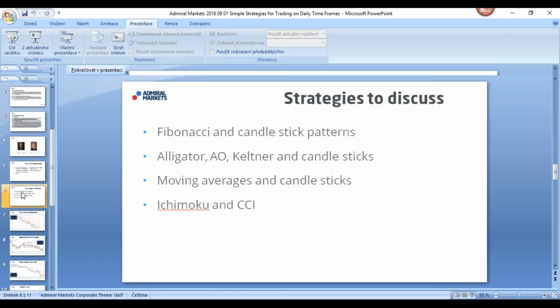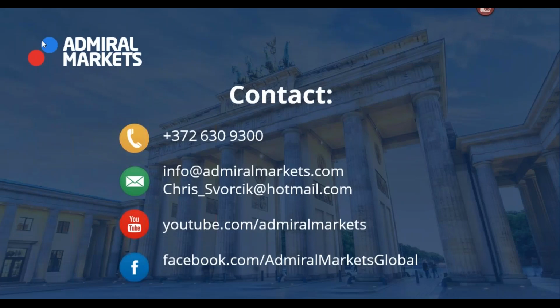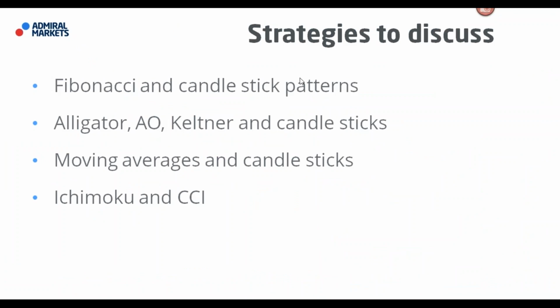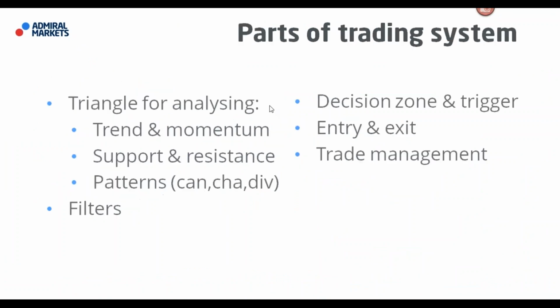If we look at these five points that we had here, all of them fill that in a bit differently. The fibs, really, we don't have a trend method. We just look at the swing high and swing low for trends.